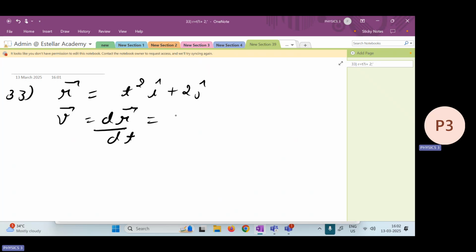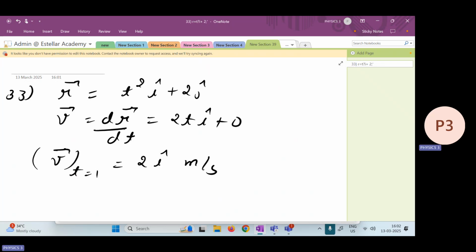If we differentiate the above equation, then it would be 2t i cap plus 0, because 2 j cap is constant, so its differentiation would be 0. So velocity at t equal to 1 would be 2 i cap meter per second. So B option would be correct in this case, right?